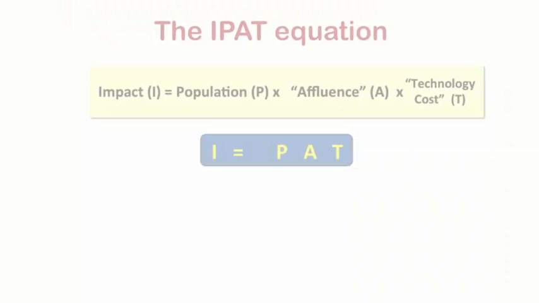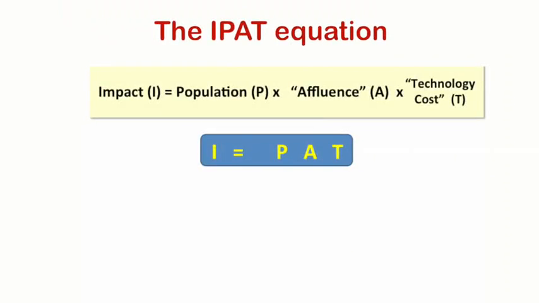A long-standing and general theory that attempts to describe the impact of human activity on global environment is summed up in the following relationship, the IPAT equation. The IPAT equation was first proposed in the early 70s, and since then it's been restated in many different variations. At first sight, it's a fairly straightforward, even rather obvious statement.